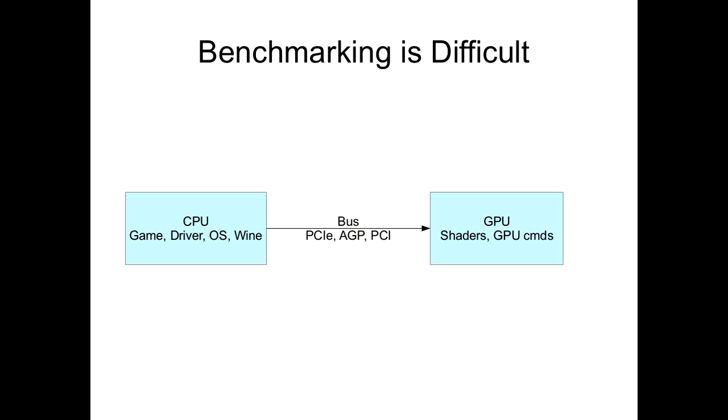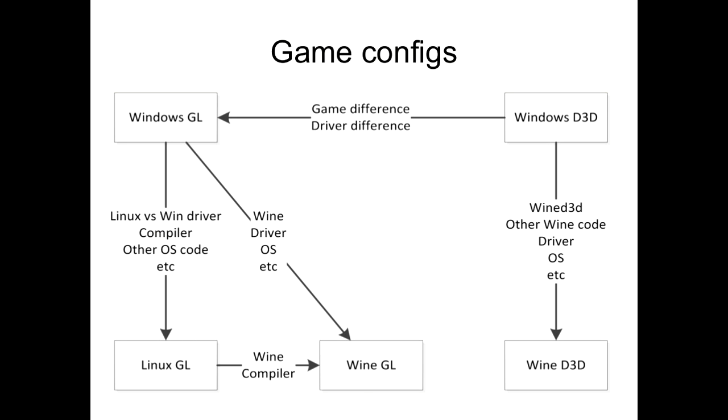And to make things even worse, if you, let's say, run Half-Life 2 on Wine, and it runs at 100 frames per second, and you run it on Windows, and it runs at 300 frames per second, there are a lot of things that change. There are a lot of software components that a bug can be. The problem can be in Wine, it can be in the Direct3D parts of Wine, in the non-Direct3D parts of Wine, it can be in a driver, it can be in the Linux kernel, it could be hacks in a Windows driver.